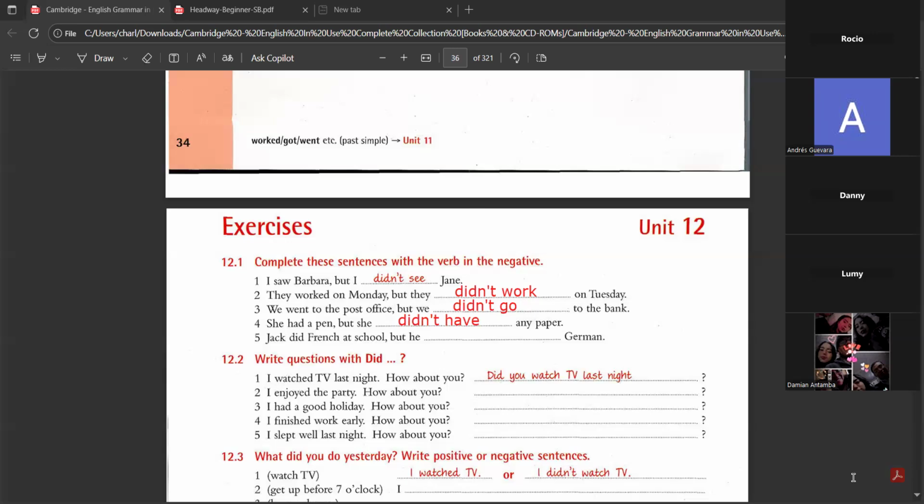Right? Damian, what about this one? Jack did French at school, but he German. What would be here, Damian?